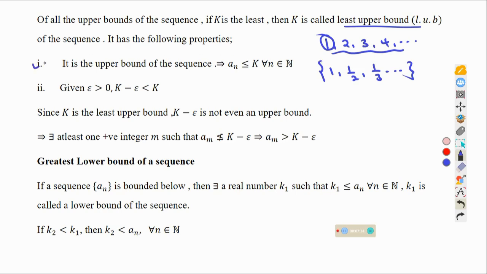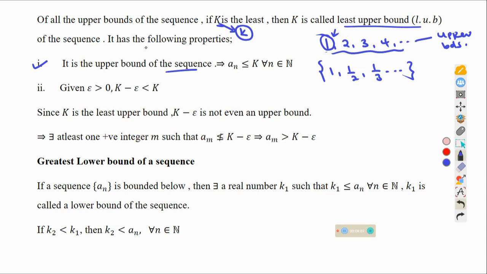Property number 1 is that it should, first of all, be an upper bound. For k to be a least upper bound, it must be an upper bound. Clearly, these are our upper bounds. So since they are already upper bounds, then we can select which one is the least.